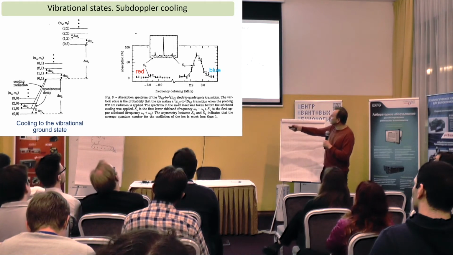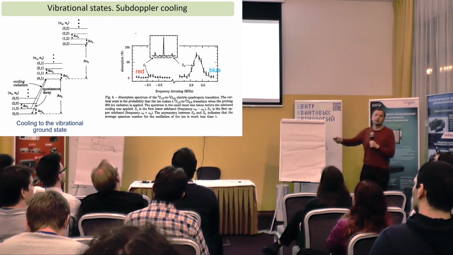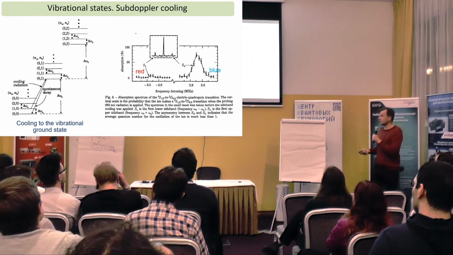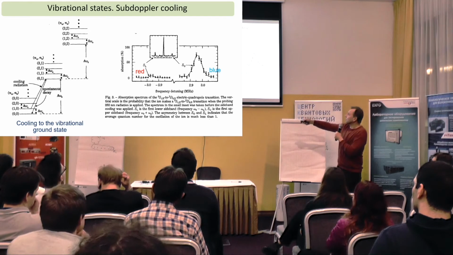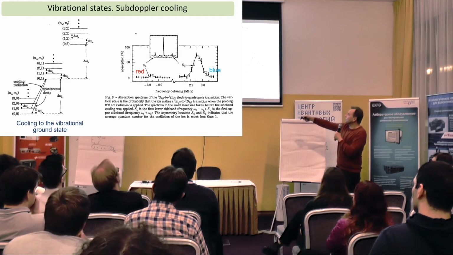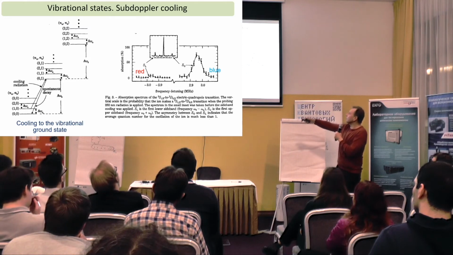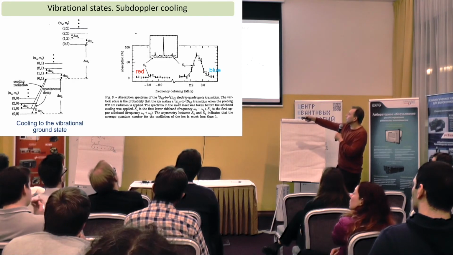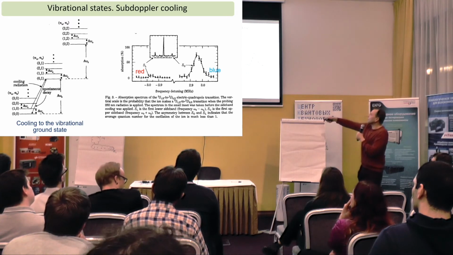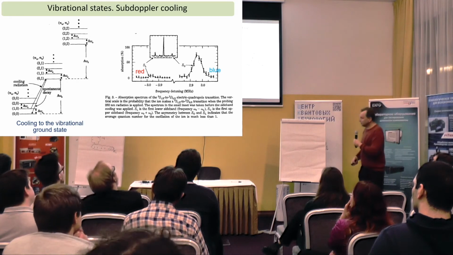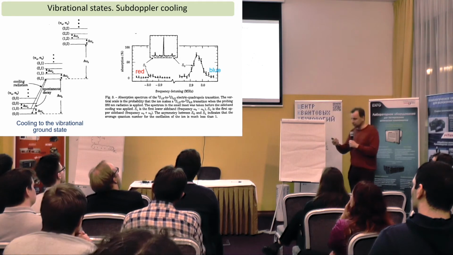So if you take a sideband for vibrational states, and you illuminate your ensemble by this radiation from one side, then you will absorb this red detuned radiation, and after spontaneous decay, and we agreed that the vibrational number is basically the same, you will lose a vibrational quantum because of this process.